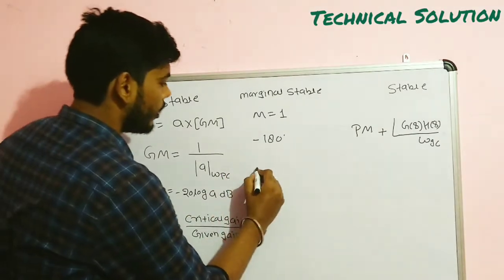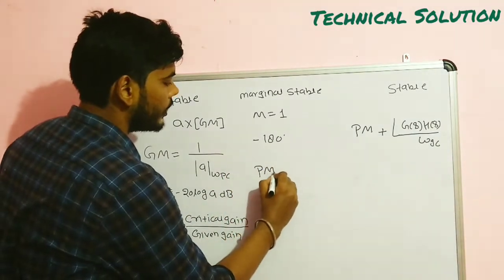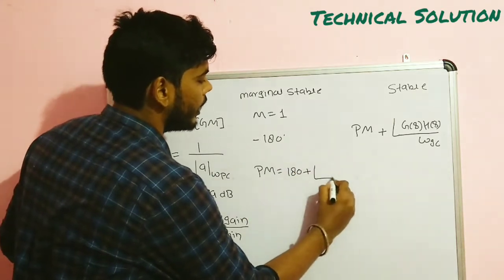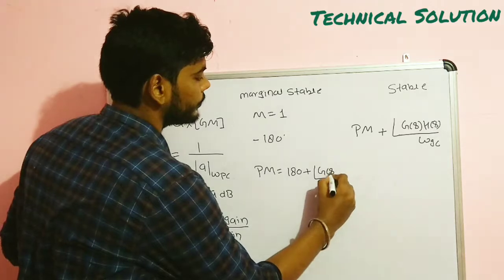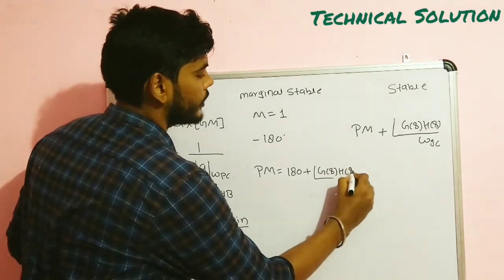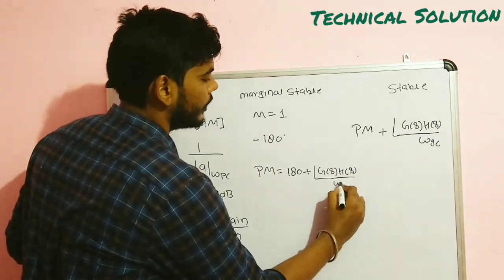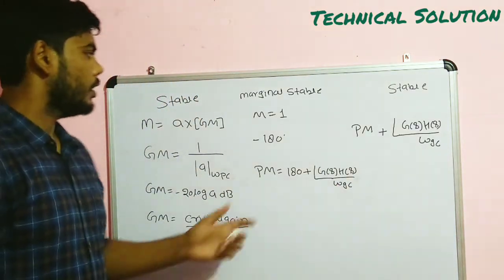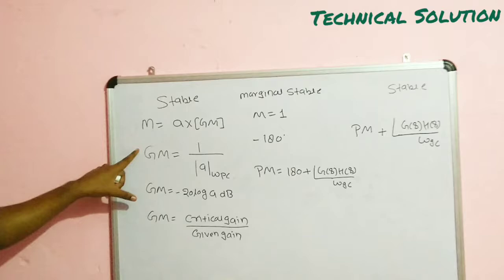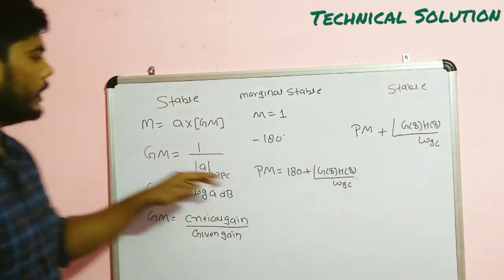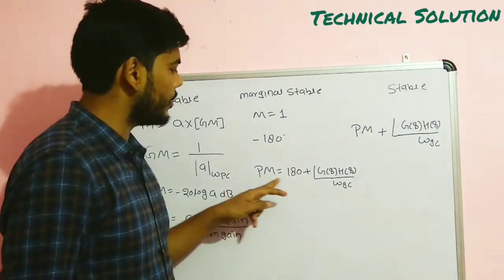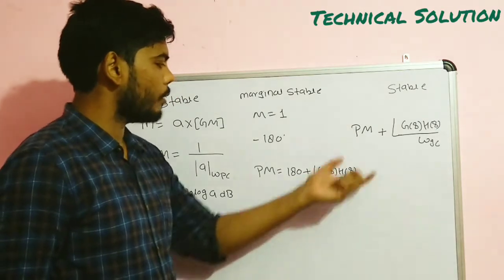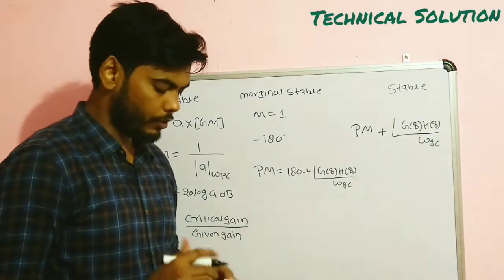So the formula of phase margin is equal to 180 plus the angle of the system at gain crossover frequency. So for gain margin we have a formula, and similarly for phase margin we have a formula. Phase margin is equal to 180 plus the phase of the system at gain crossover frequency.